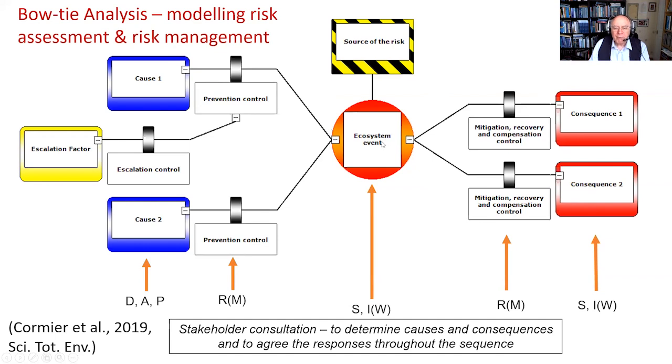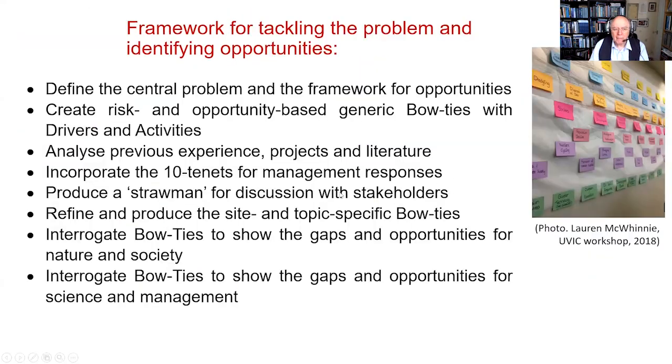If we can't put in prevention, then eventually we're going to get consequences, consequences of a loss of species, or a loss of habitat, or the adverse effects of tourism or whatever. So we put in mitigation. And you see now how it's a bow tie. It's got a central knot. We might have lots of causes and lots of consequences.